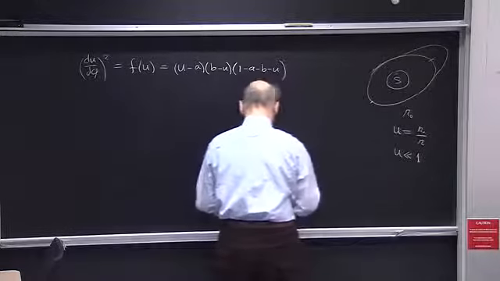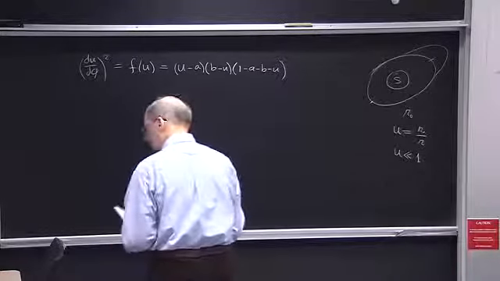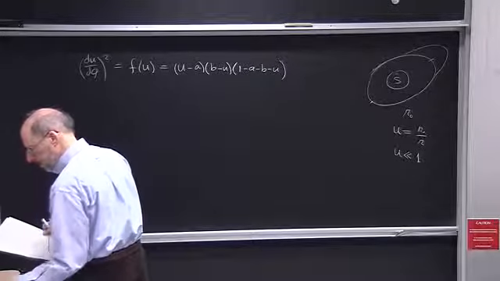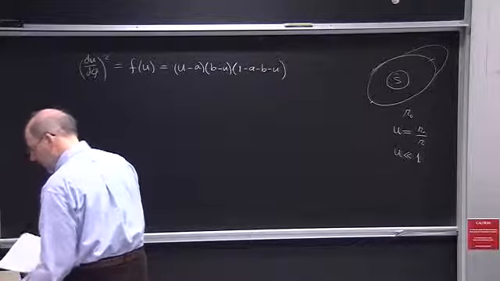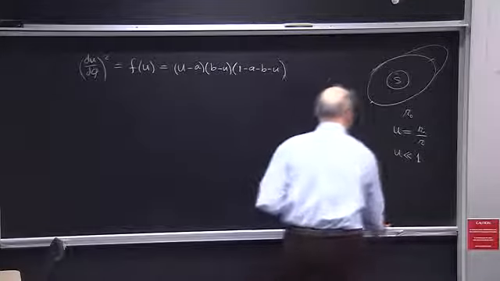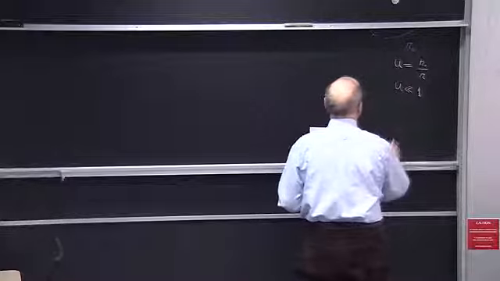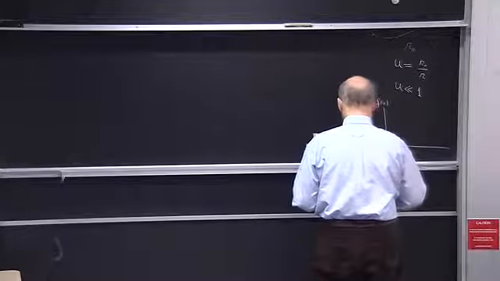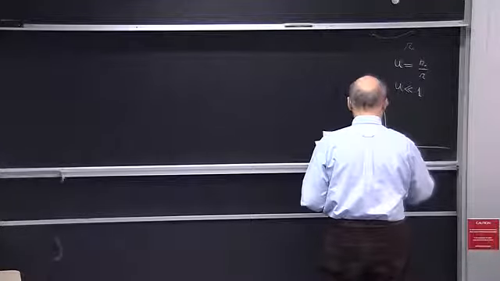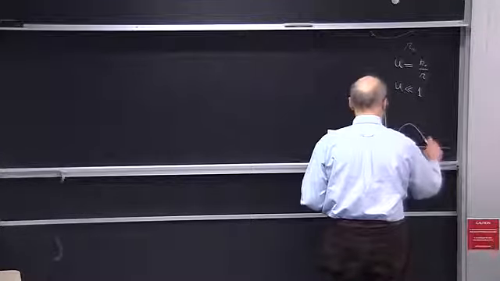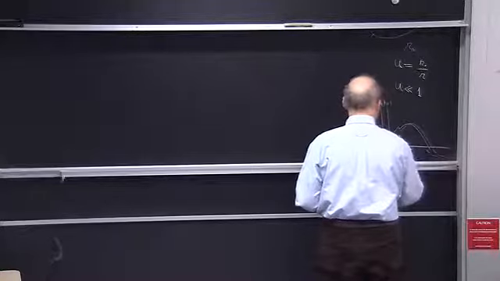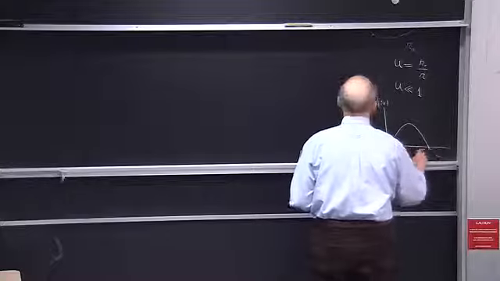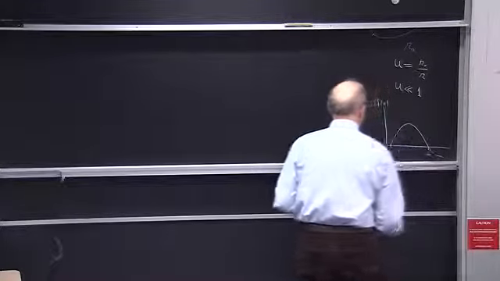And then a, of course, as you can see here, f of u, if we drew a picture of it, looked something like this, and then it was doing some other stuff. The important thing is that the minimum value of u, which means the maximum value of the radius, we called a.